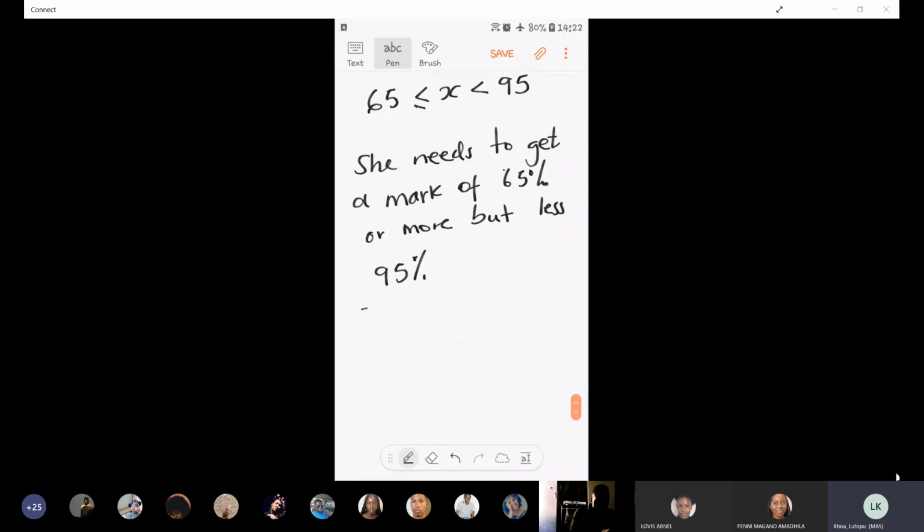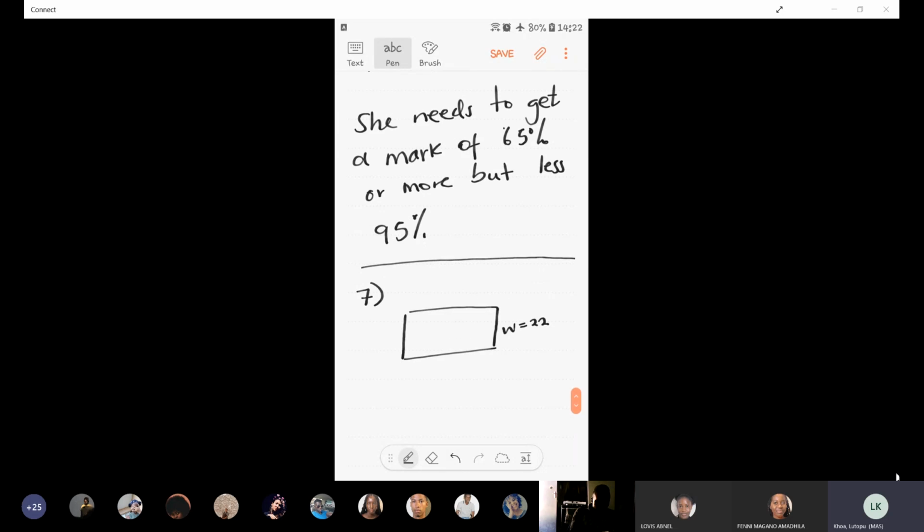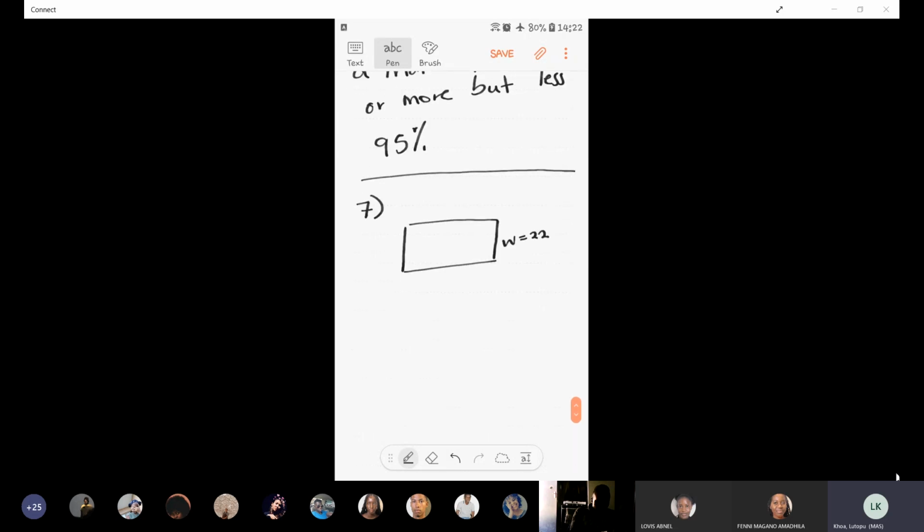We'll look at number 7. With number 7, we are given a rectangle. So this is what our rectangle looks like. We are told that the width of this rectangle is 22 meters, and we want the perimeter of this rectangle to be at least 90 meters.